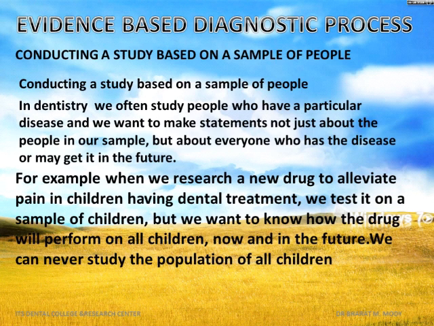When conducting a basic sample survey, if you take a new drug, whether pain alleviation is there, we test on a sample, but we want to know if the drug will perform well in other children also in the future. That is why we study the population of all students.